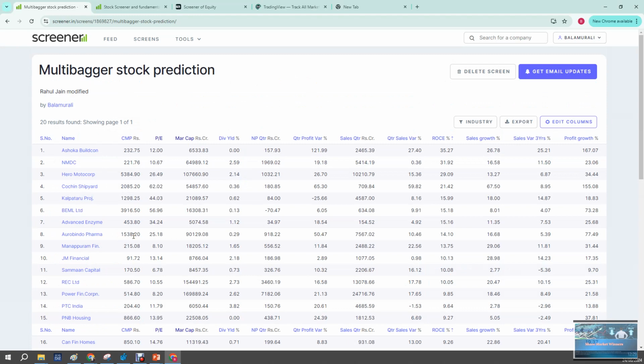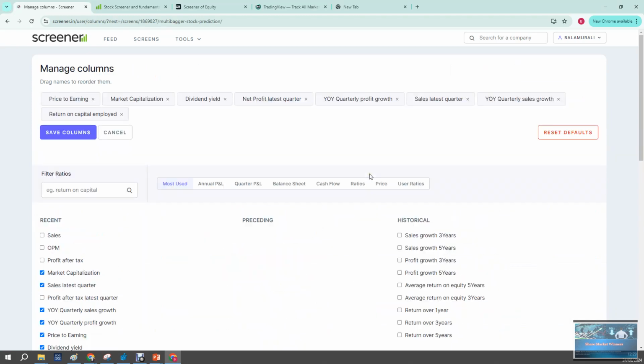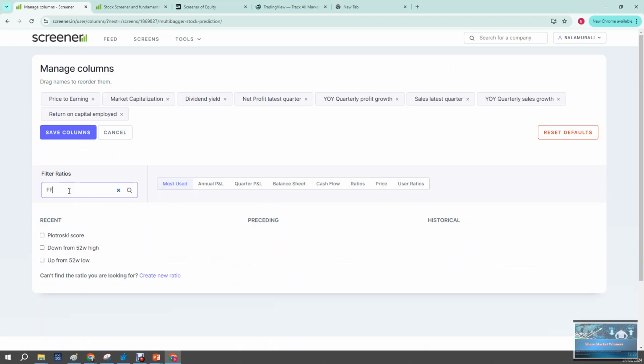But what you need to do is, after finding these results, you need to do a further analysis of fundamental and technical to find whether it's the right time to invest or not. Okay, that is something you have to do. And you can add or edit some of the columns, whether you wanted to see FII holding or change, all that you can add.